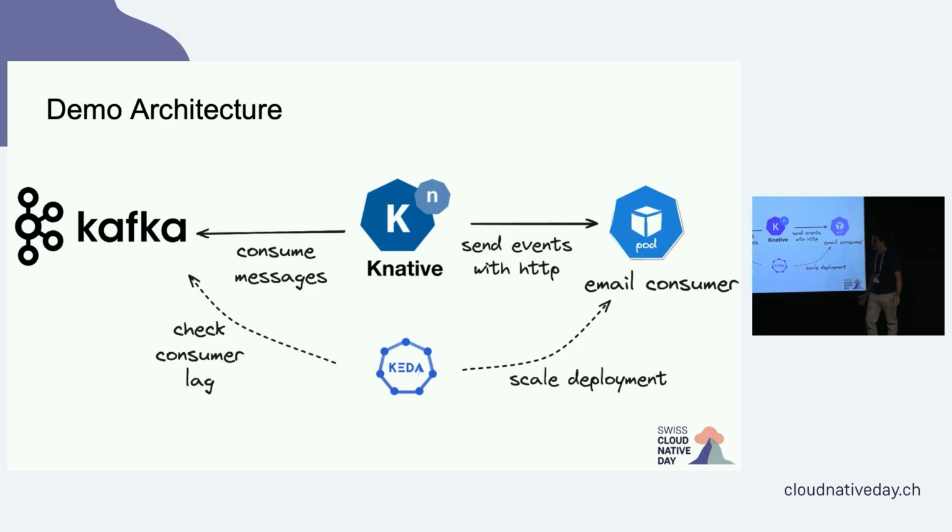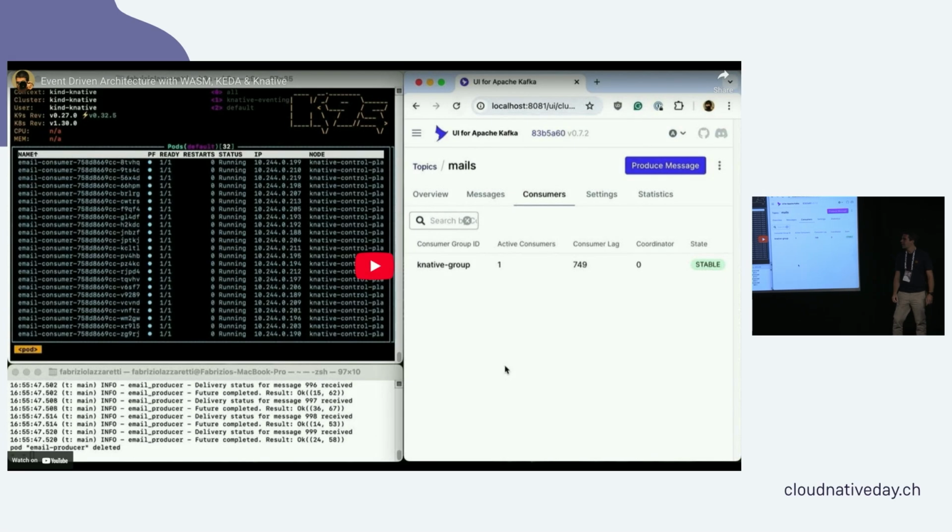It makes it simpler, and also Kafka is not something that really likes to scale a lot with consumers that dynamically come and go, as there we always have a partition rebalancing. So it's really nice that we go through Knative, which consumes it and then gives it via HTTP to the email consumer. Now let's look at that pre-recorded sample.